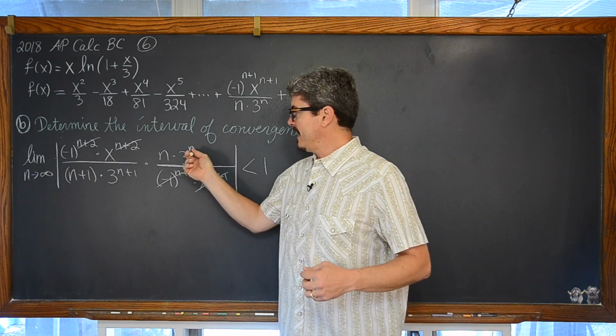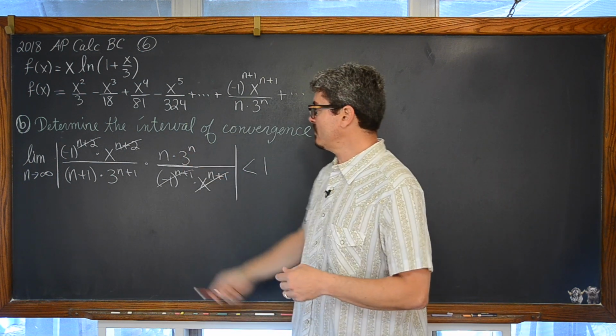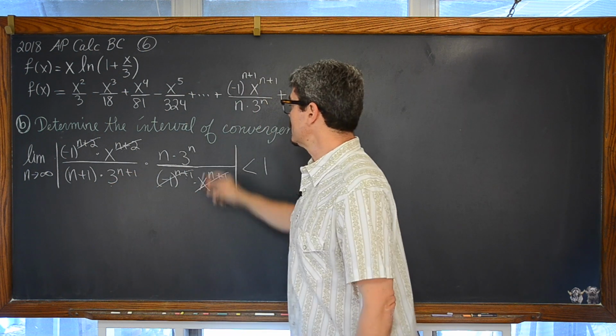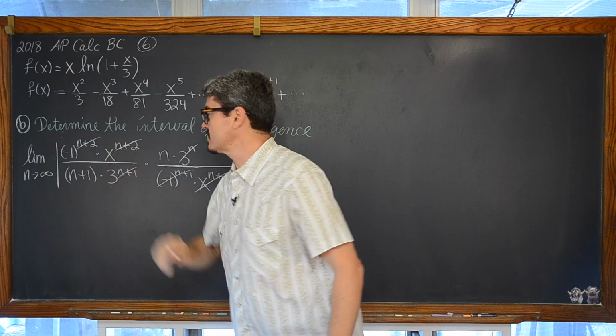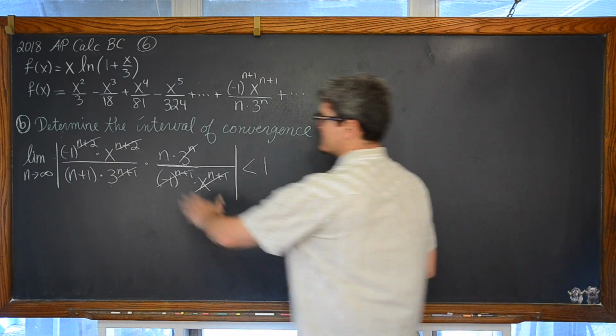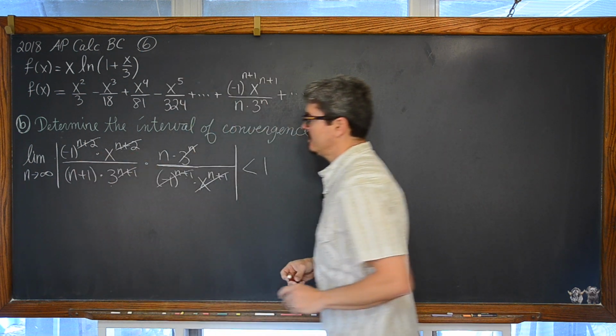We have n bases of 3 in the numerator, and n plus 1 bases of 3 in this denominator. As these cancel out, we have one factor of 3 left in that denominator, and nothing's going to cancel with this n over n plus 1.